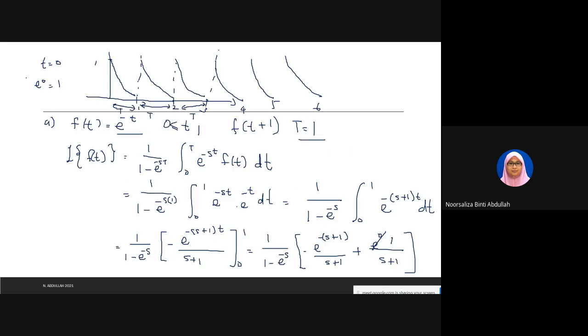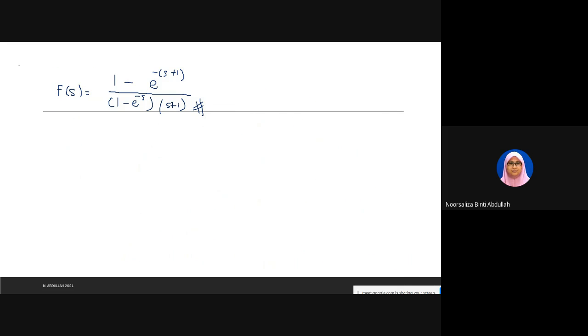Okay, GT equals to sin T, and then 0, and also G T plus 2 pi, which means period of this signal is T equals to 2 pi.